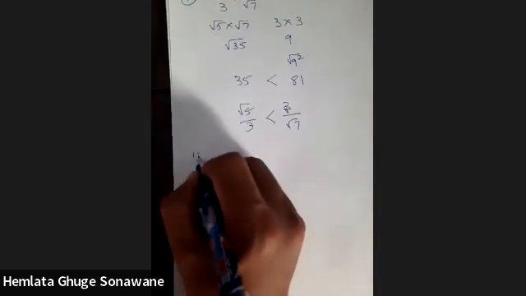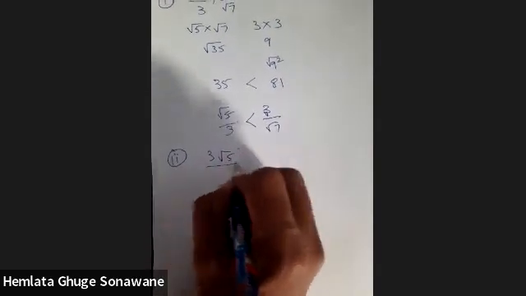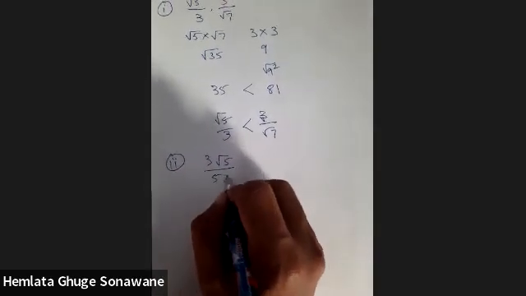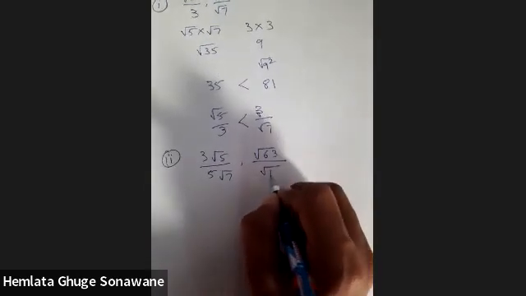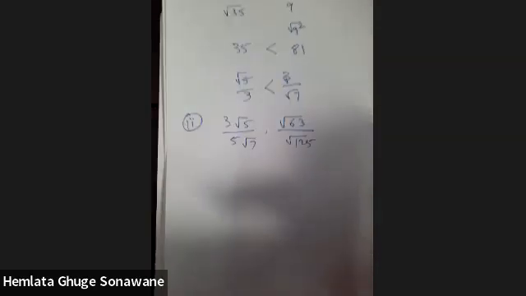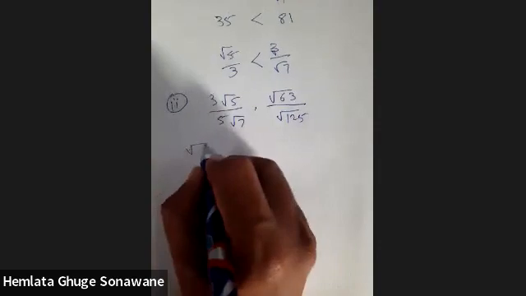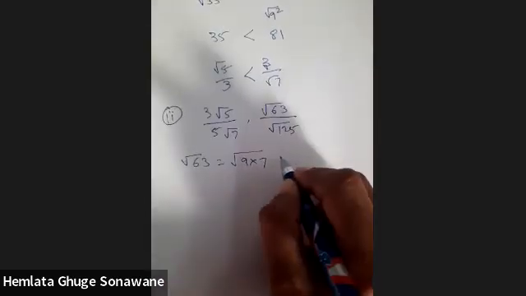Second example, 3 under root 5 upon 5 under root 7 and under root 63 upon under root 125. First we'll simplify under root 63 and under root 125. 9 sevens are 63.